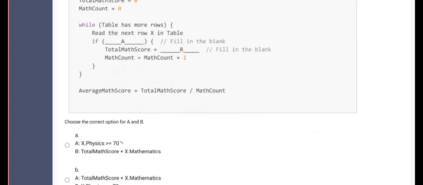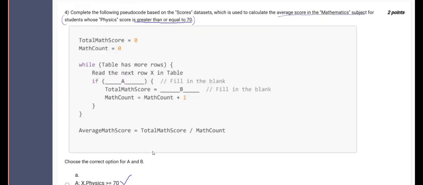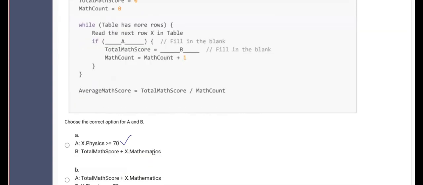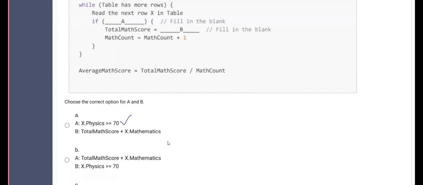So this is fine. Total math score equal to x dot total score plus x dot mathematics. This is also good. So both of them are correct answers.